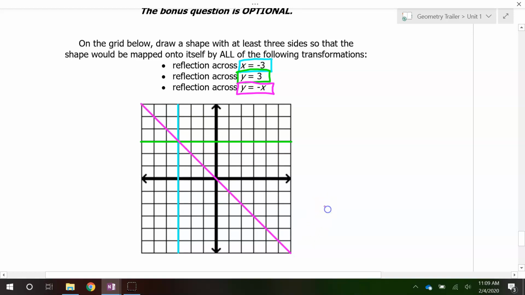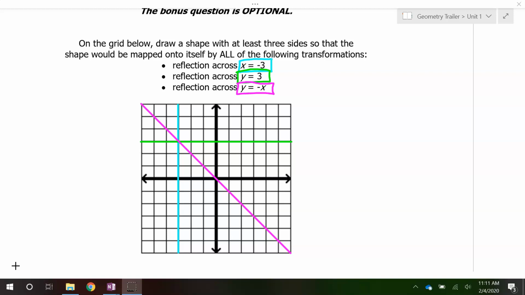All right, so whatever shape I draw, all three of these lines have to split the picture right down the middle. All right, so let's be careful. Let's see if I can do this. So I'm going to take this one line of symmetry at a time. So let's start with this diagonal line.